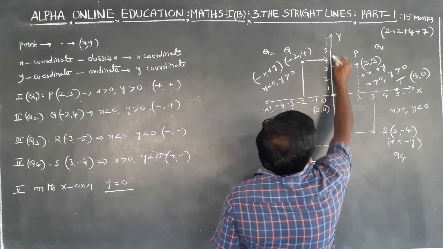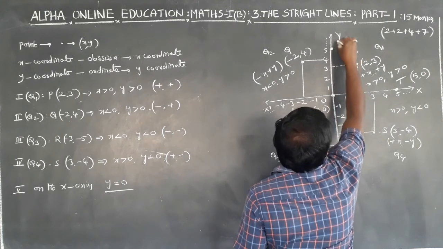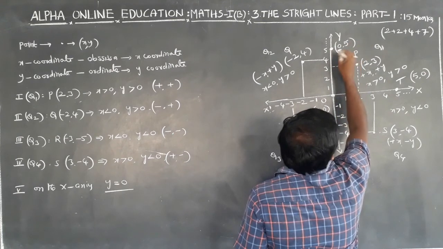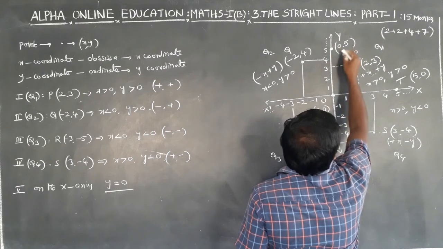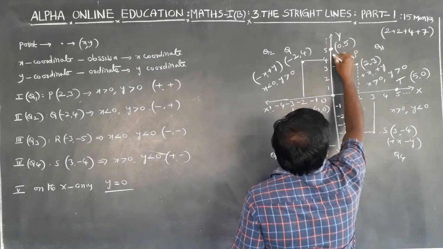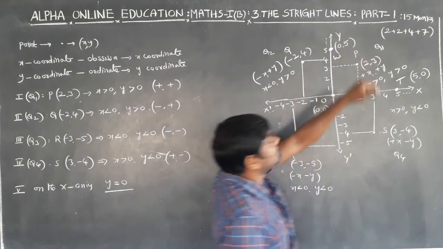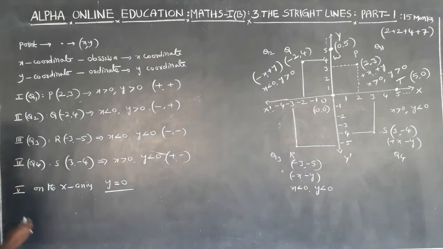This is the point (0, 5), here W. W is a point that lies on the y-axis.